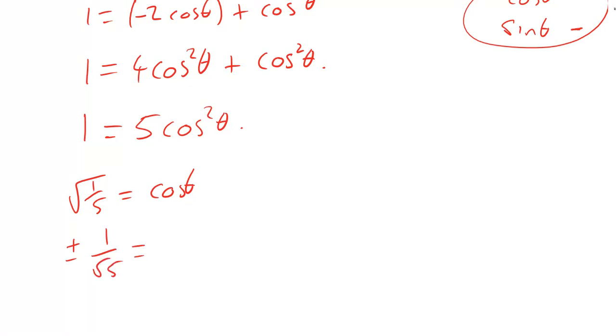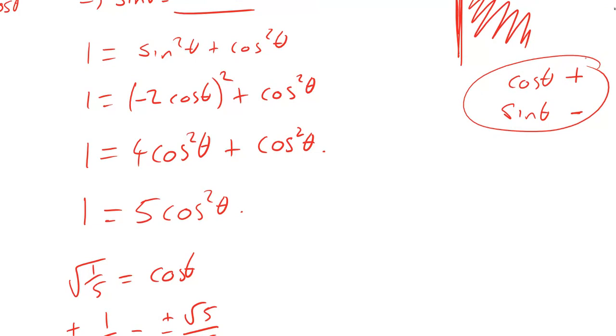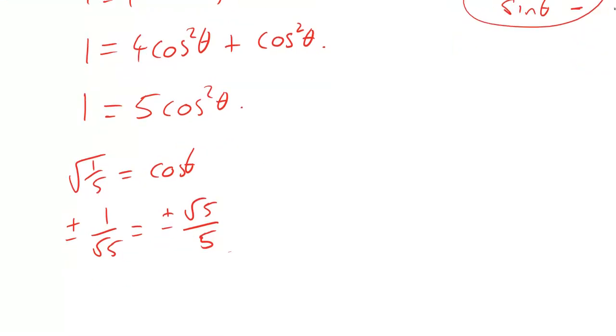If we multiply that top and bottom by root 5, we are going to end up with plus or minus root 5 over 5, which is probably a better way of leaving our answer. And we've already seen that cosine theta must be positive, so we're going to reject the negative. Therefore, cosine theta is equal to positive root 5 over 5.